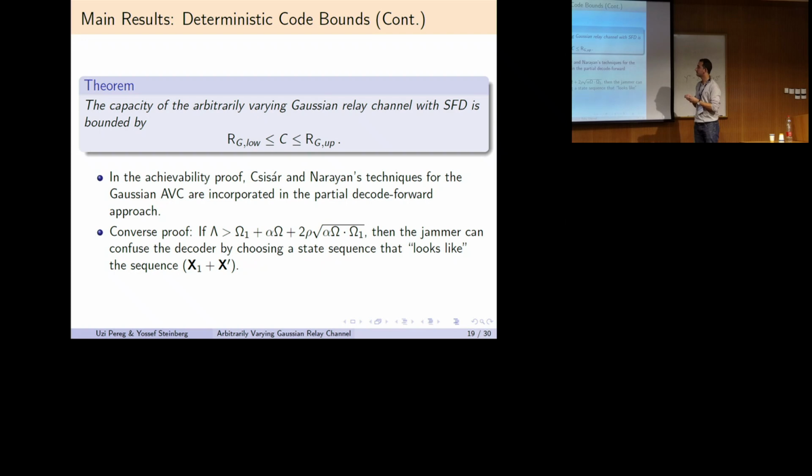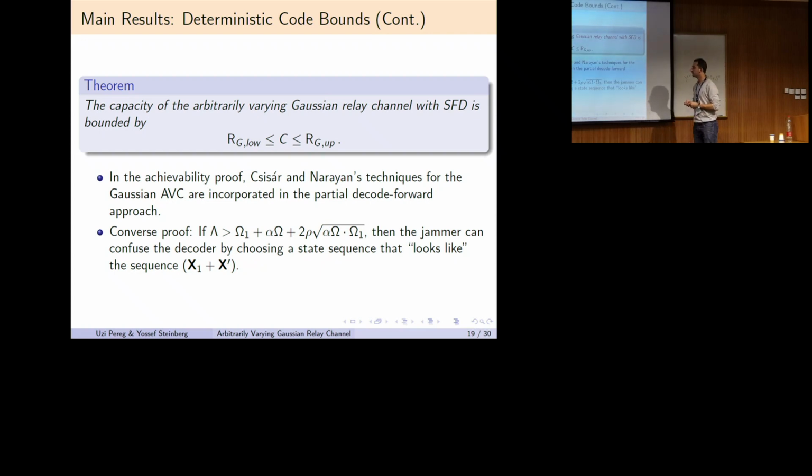So we've shown that the deterministic code capacity is bounded as follows. As I said, in the achievability proof, we use the techniques by Cesare and Ariane. We generalize them to the relay channel and incorporate them in the partial decode forward coding scheme.